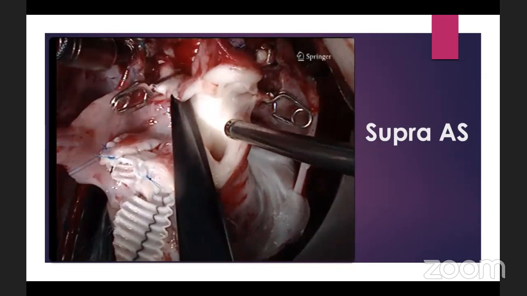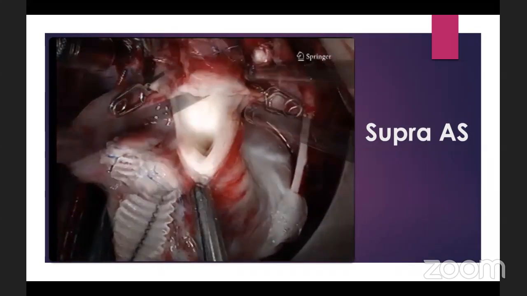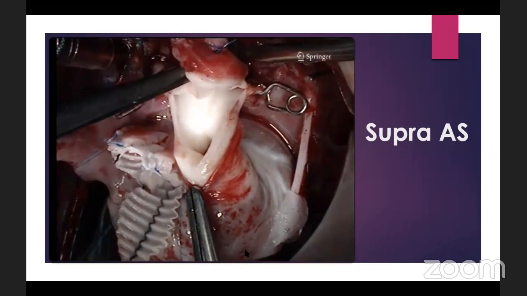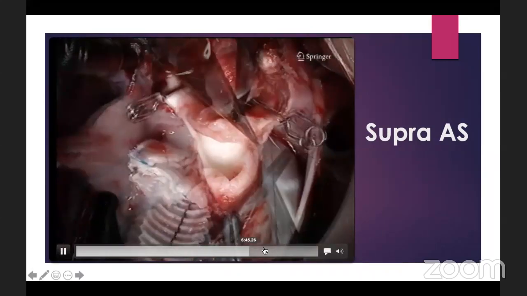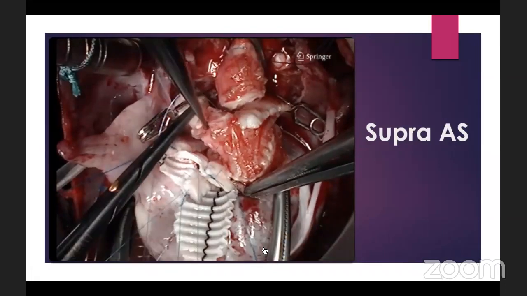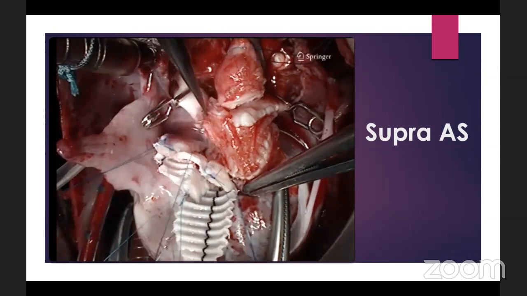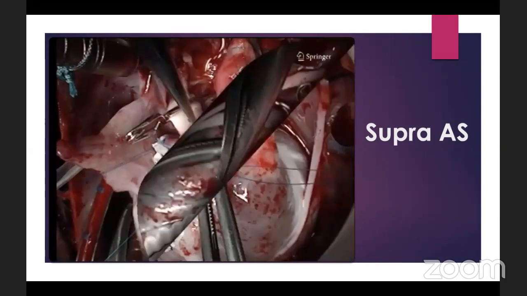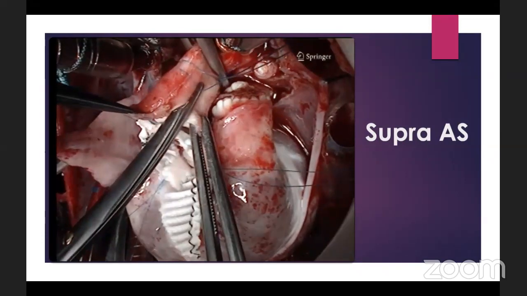I guess you can call this kind of a hilum to hilum enlargement. Okay, let me just skip the PA part. Autologous pericardial patch for the PAs. And now this is the ascending aorta being enlarged.